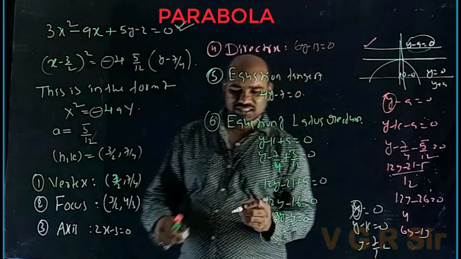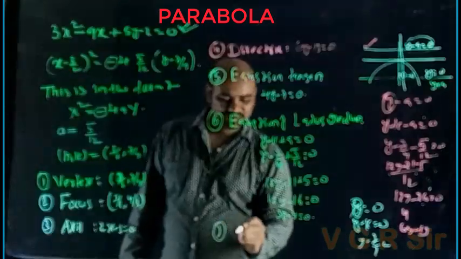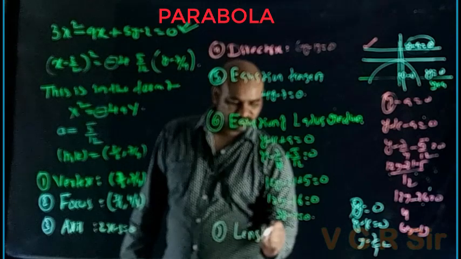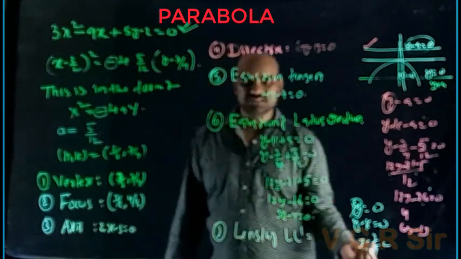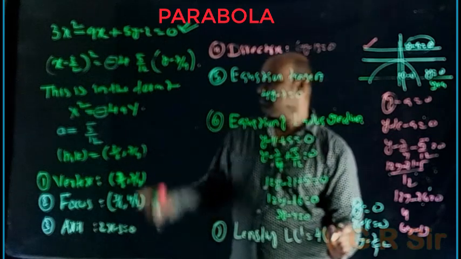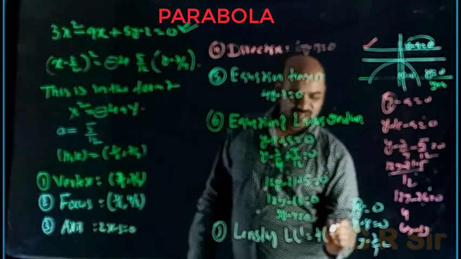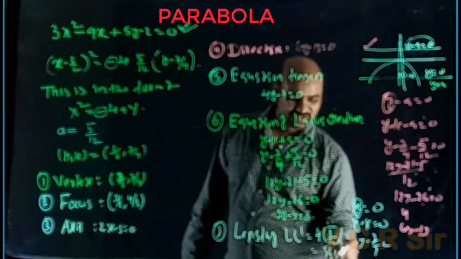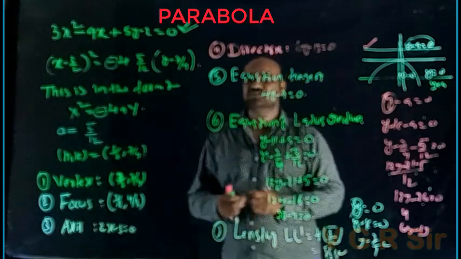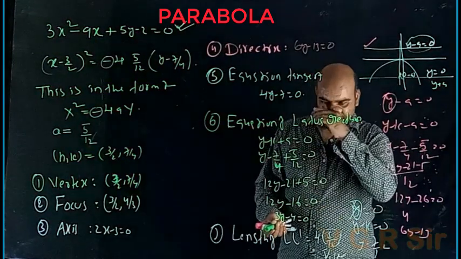Next, length of latus rectum I want. Length of latus rectum, LL dash. That is 4a only. Length won't change. 4a means what? 4 times 5 by 12, that is equal to 5 by 3 units. Length of latus rectum is 5 by 3 units.